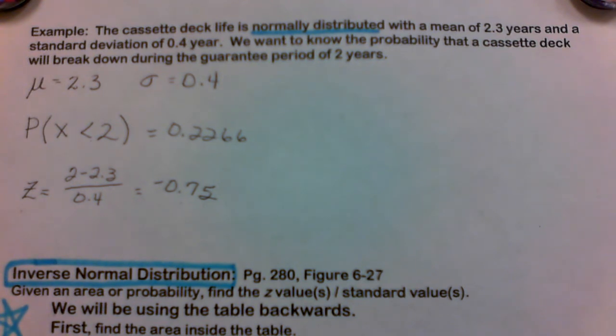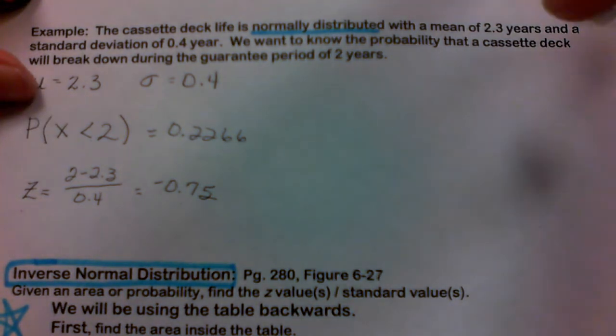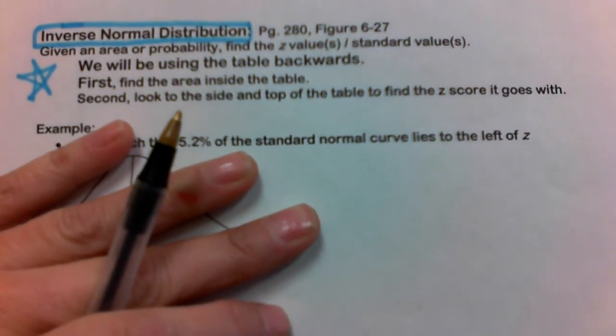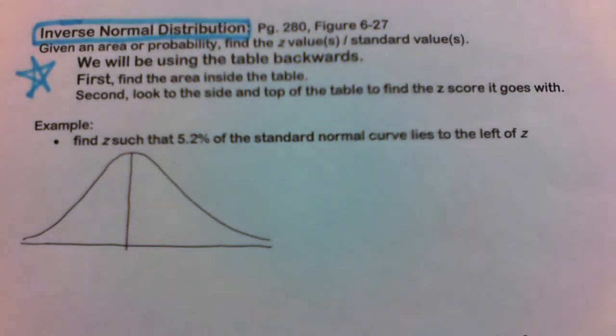Now, what we have been doing is we have been taking real life X values, converting them to their equivalent standardized Z values, going to the table and finding the probability. And the next part of this section is doing that in its inverse.